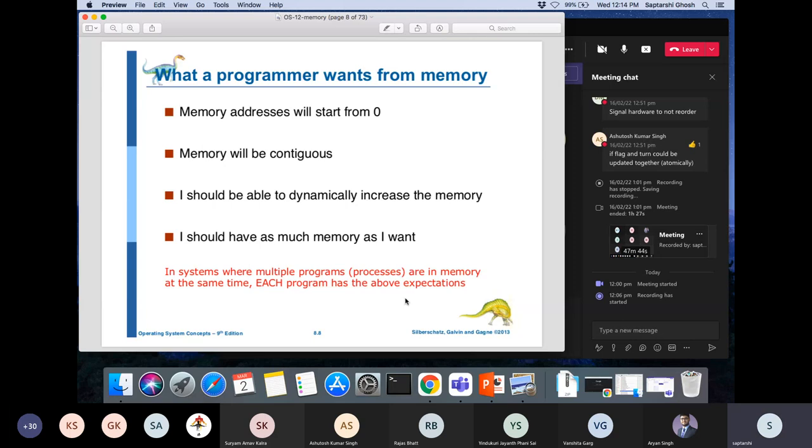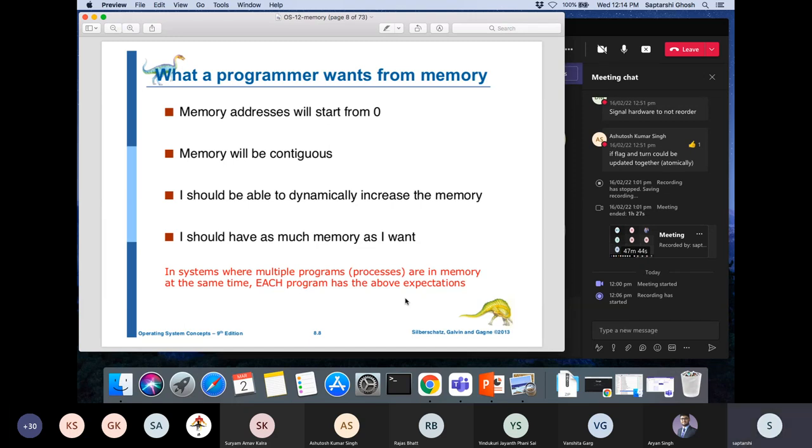Also, I should have as much memory as I want. Right? So I would not like to hear that, suppose you wrote a program on the computer department server, which has lots of RAM, say 64 GB RAM. Later you are running the same program on your laptop, which has just 4 GB RAM. You would not like to hear from the operating system, "Oh, this program cannot run here because we have only 4 GB RAM in this machine." You would not like to hear that.